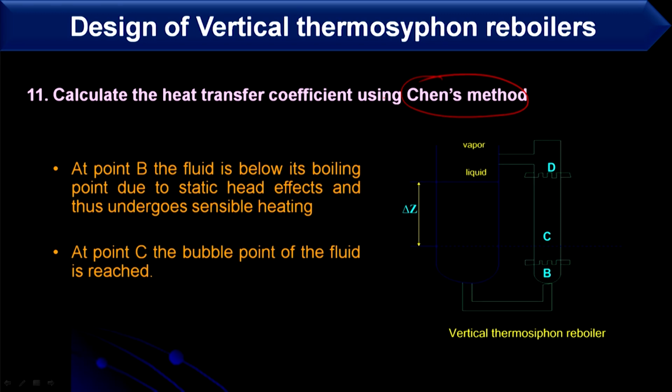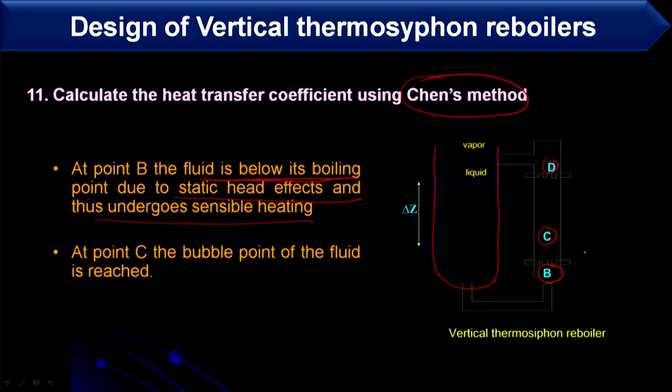So, here I have this vertical thermosyphon reboiler, and I have different points here like B, C and D. So, what will happen at point B? At point B, the fluid is below its boiling point due to static head effects and thus undergoes sensible heating.